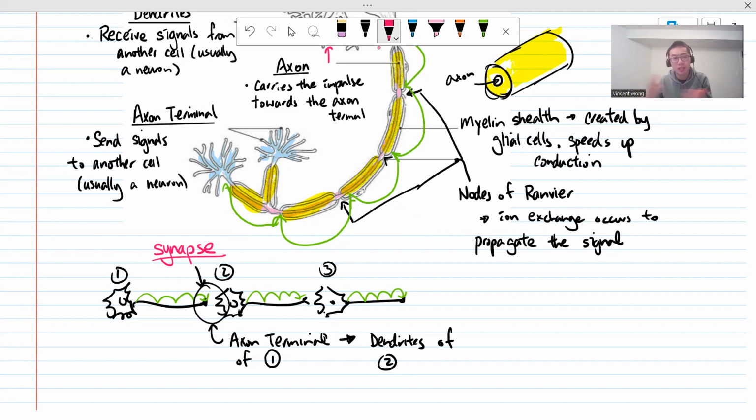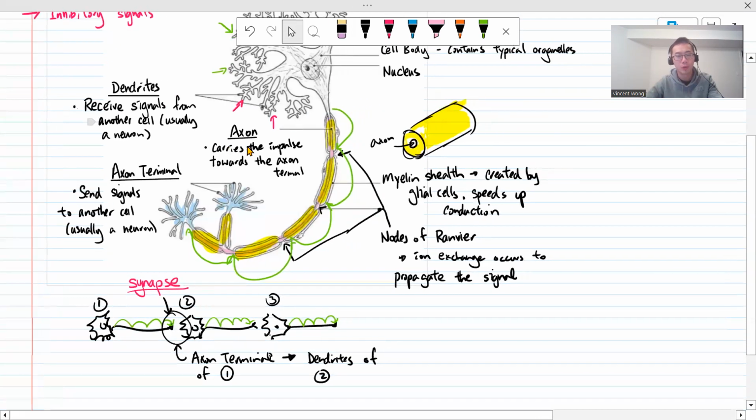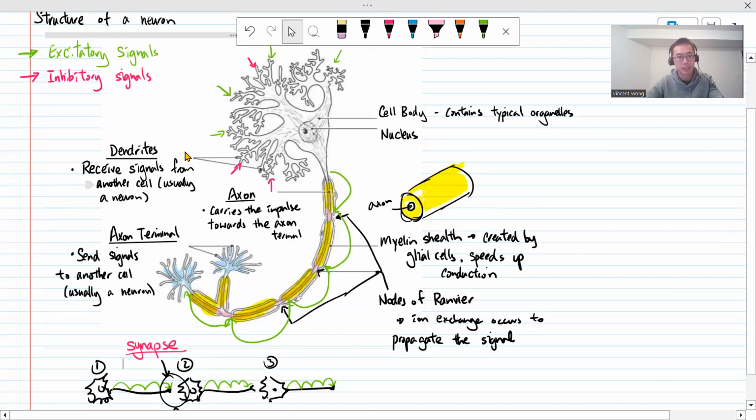It doesn't have to be a one-to-one connection either. One neuron can be connected to multiple other neurons. Okay, so that is an overview of a neuron, of a typical nerve cell.